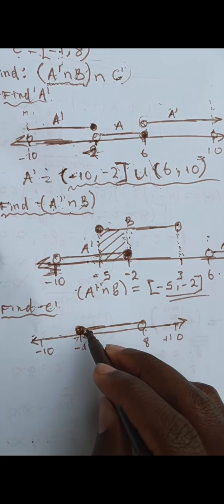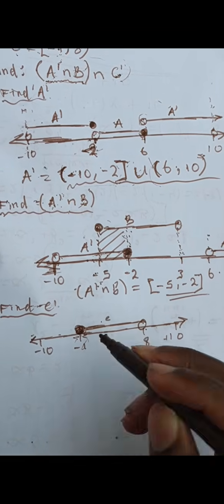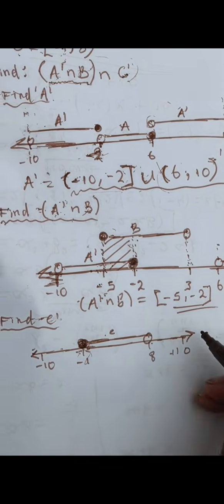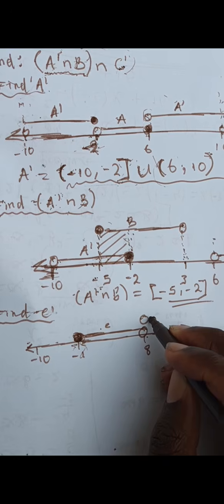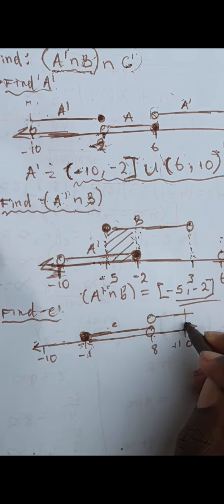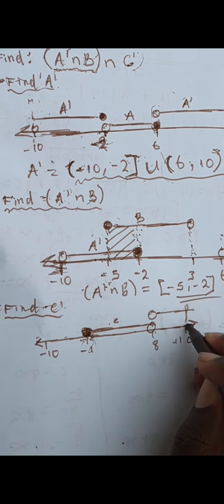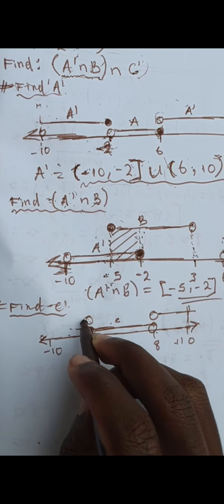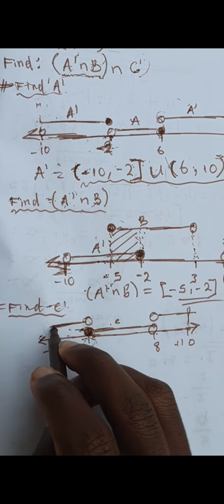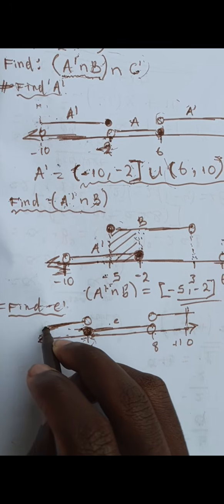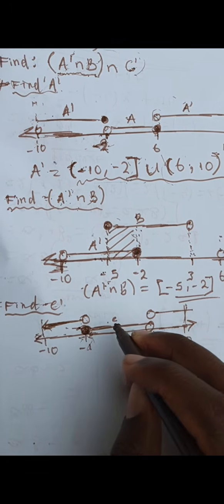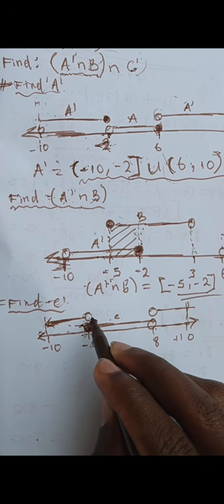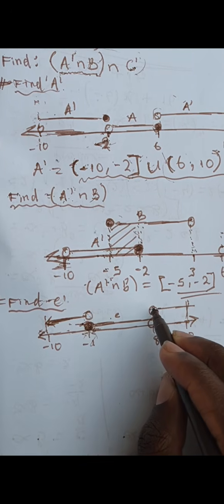Now, so this is C. Now we need to find a region where you can find values which are not part of C. That is this one, ending at 10 here. Even this side, you find values which are not in C. Now this bubble, I'm going to shade it.